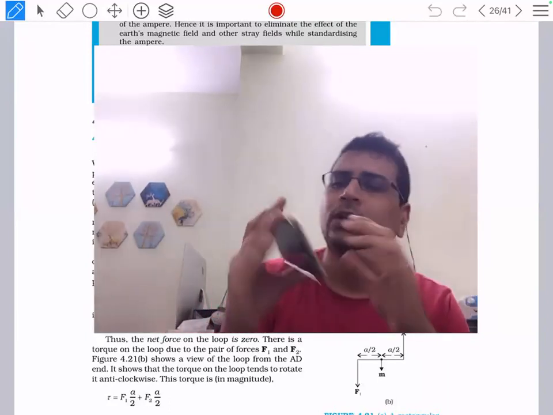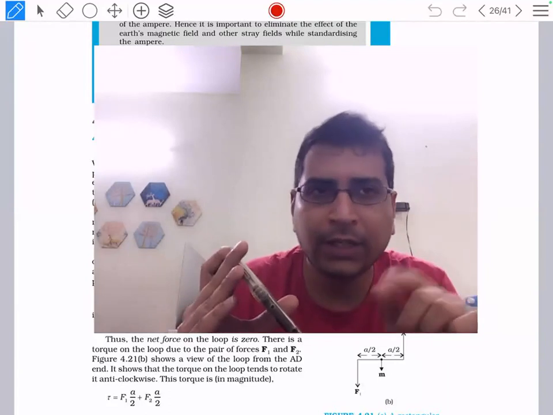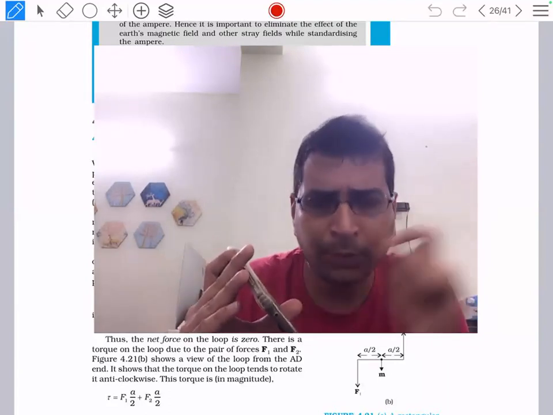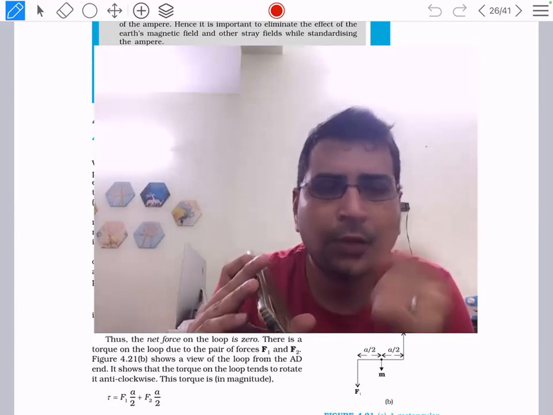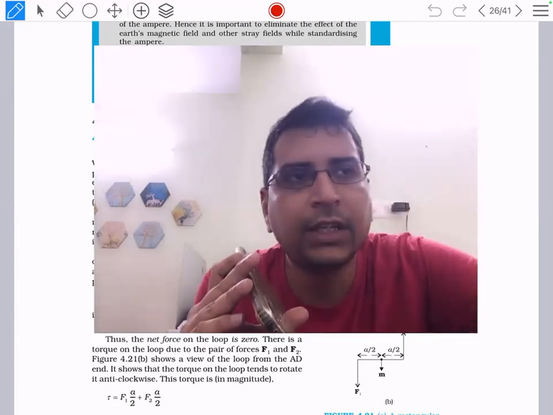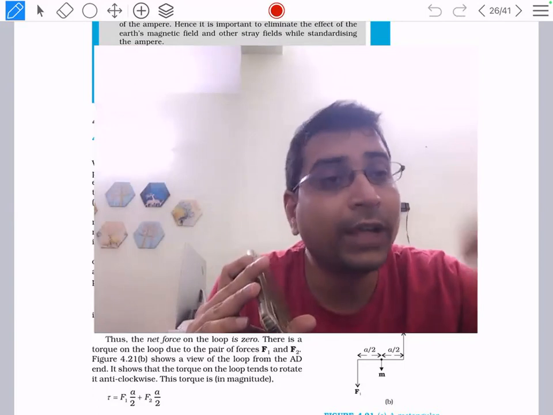Right? So now think and tell me, is it necessary that this loop has to be only in the shape of a rectangle? For that matter, it can be of any shape.